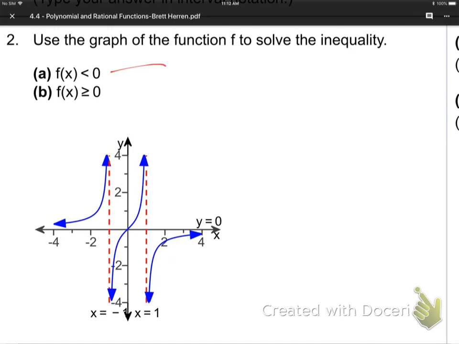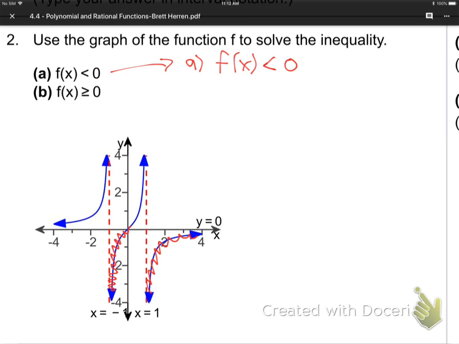Part A over here is saying, where is that function less than 0? Where is that function below 0? Right here, and then out here. So those two sections.